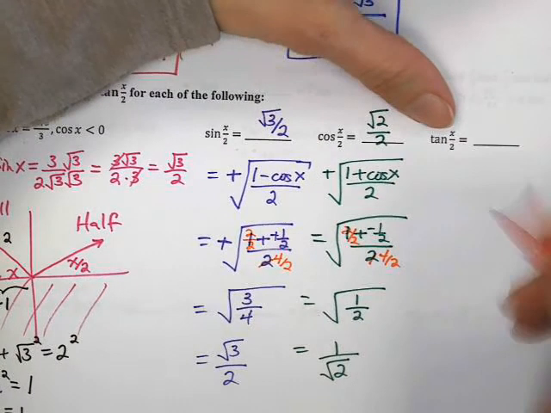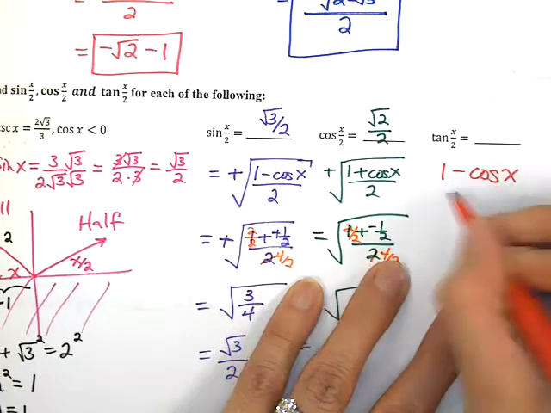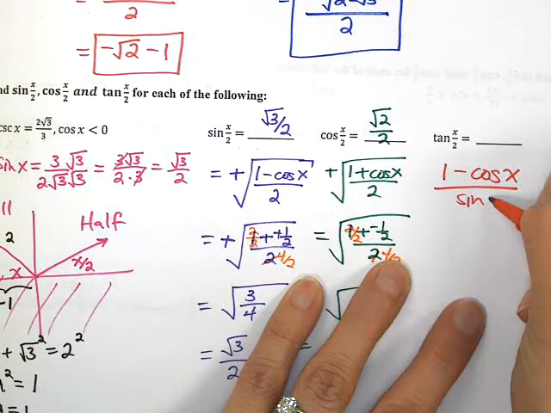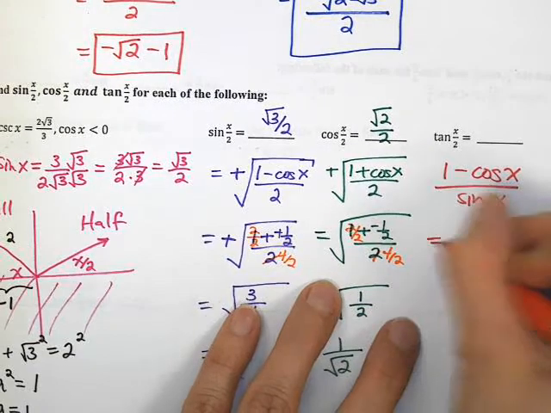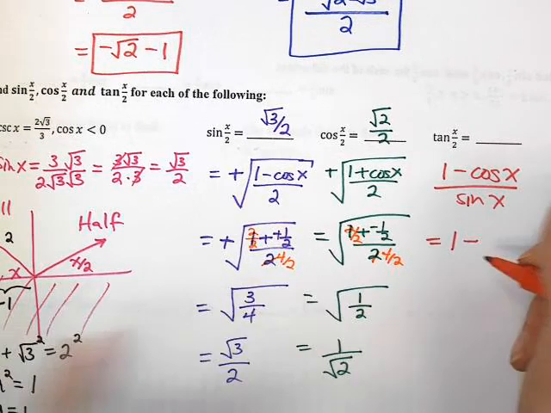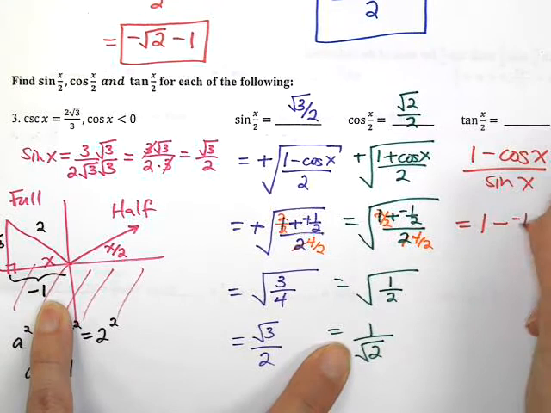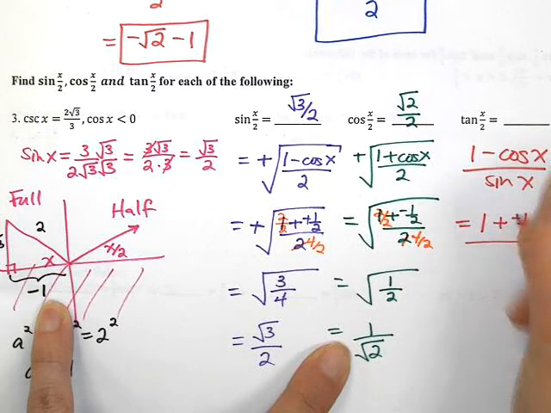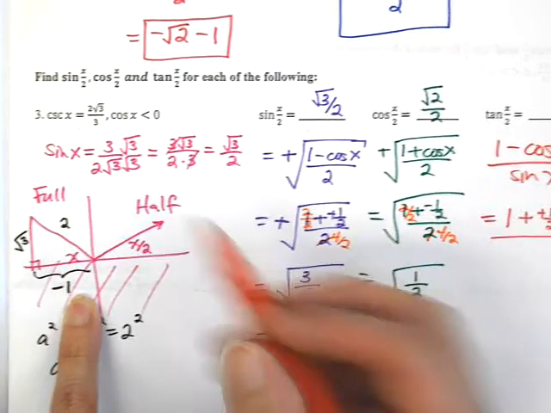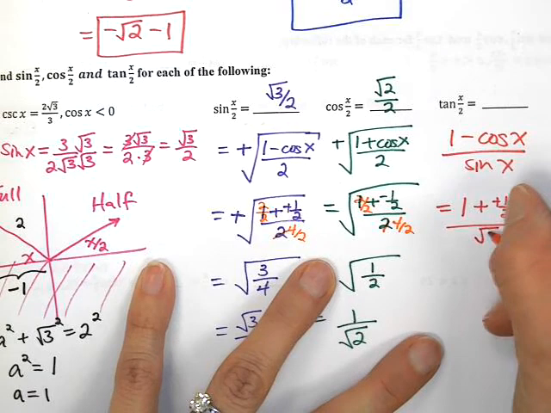Of the three formulas, I like the one that goes 1 minus cosine of full x over sine of the full angle x. So we've kind of done cosine a lot. 1 minus, what's the cosine of x? -1/2. Okay, cancel, cancel. And sine of x, here's the first time we do sine. Sine is radical 3 over 2.